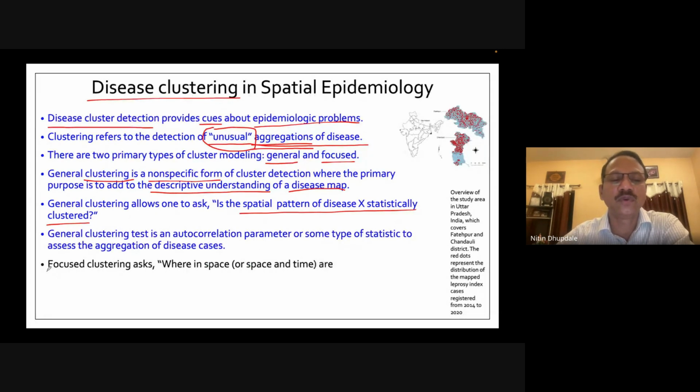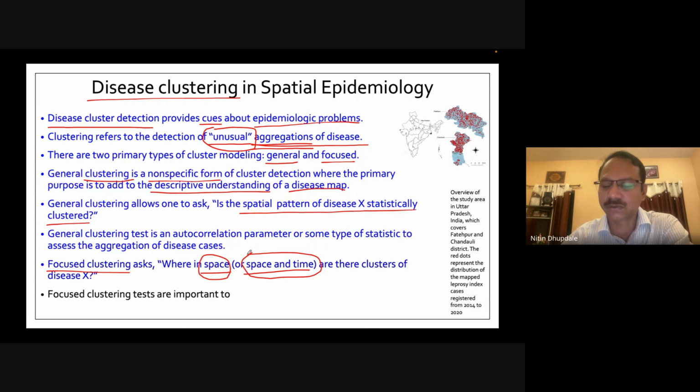In the focus clustering, we ask, is it just a spatial kind of clustering, or is it spatio-temporal clustering? Whether it is only limited to space, or it involves both space and time factors. So that is more focused clustering.